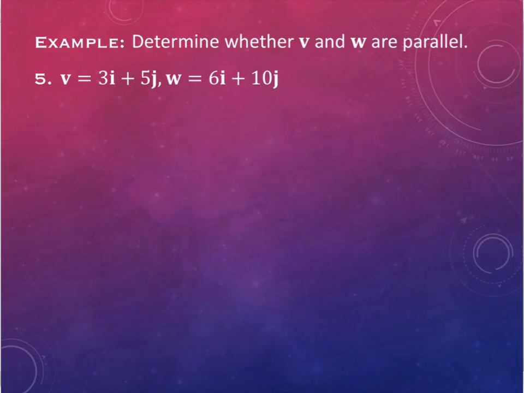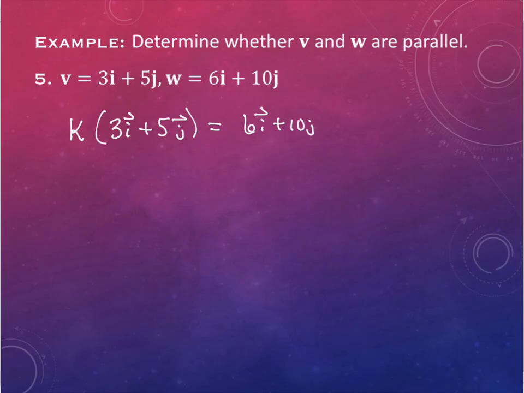We have a vector v, which is 3i plus 5j, and we have a vector w, which is 6i plus 10j. What we would be looking for, and you can put the v or the w on either side, it doesn't matter, is if there is a value k that you can multiply 3i and 5j both by to get 6i and 10j.